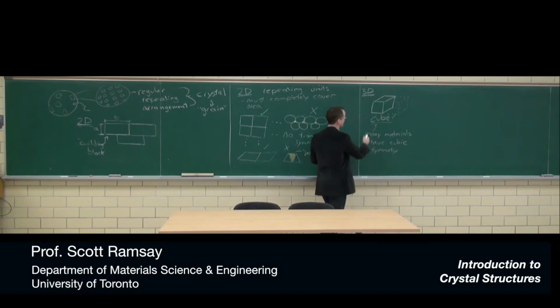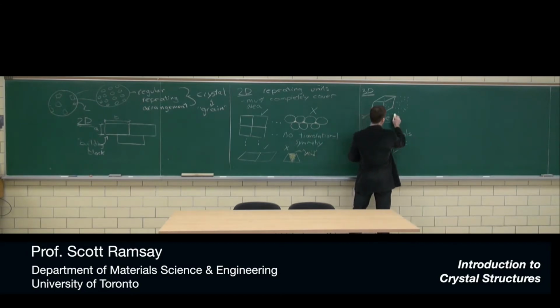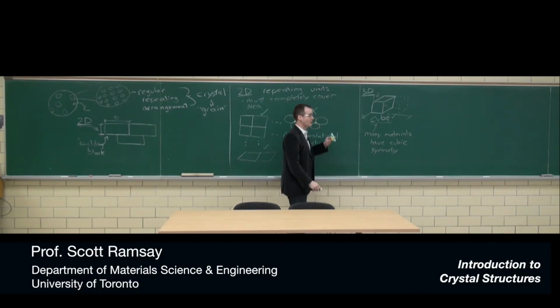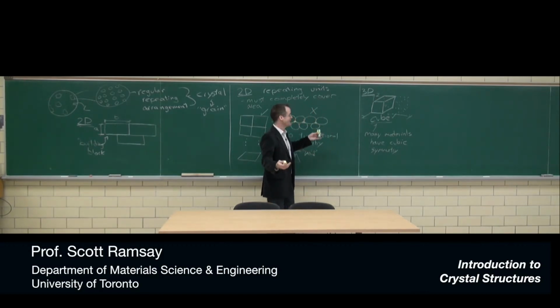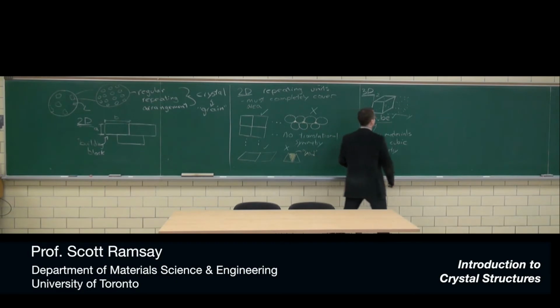And that's convenient because the cube is relatively easy for us to understand as humans. We're comfortable with an orthogonal axis system. You know, x, y, and z, we're fairly comfortable with already. So that one works nice. So it's kind of a convenient result of nature that many materials have cubic symmetry.